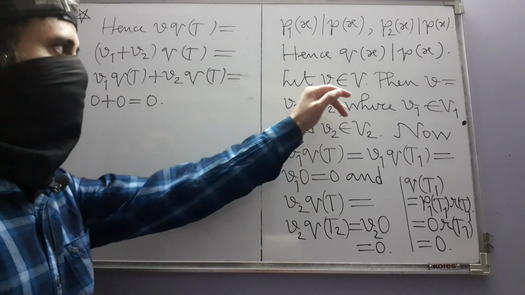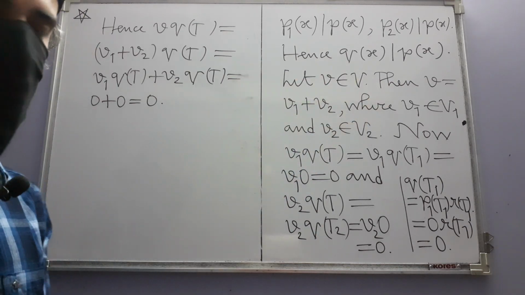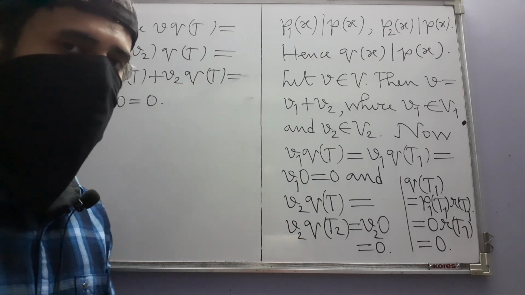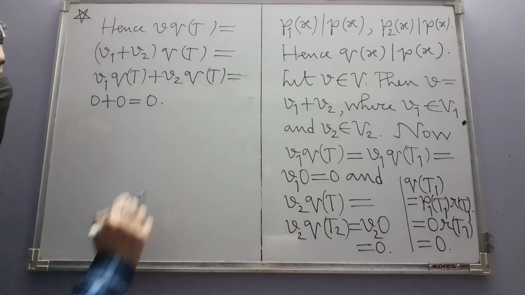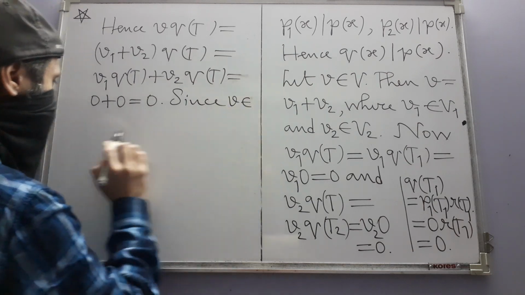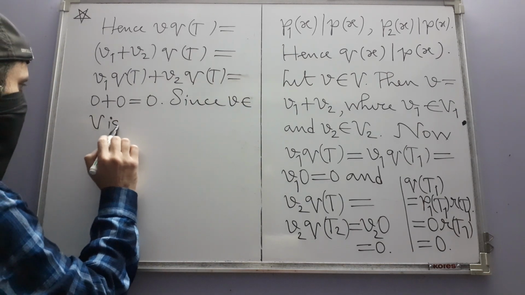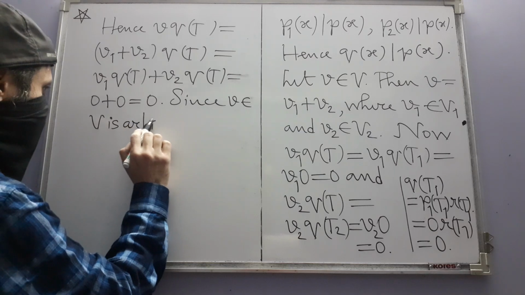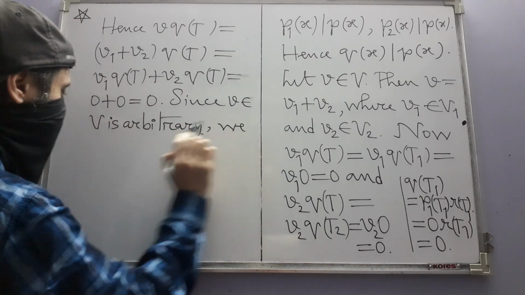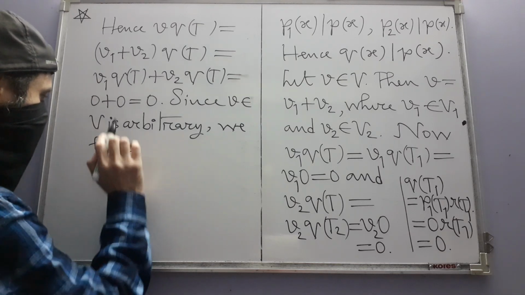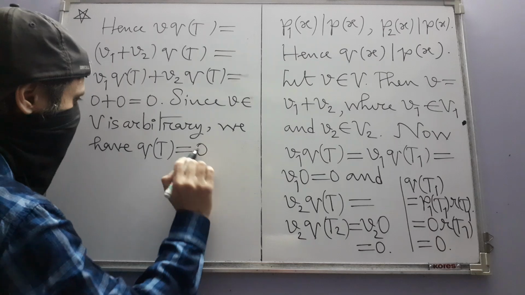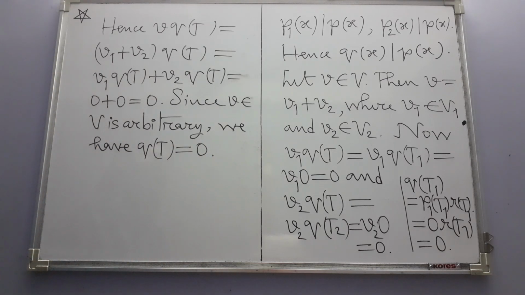But what was V? V was any vector in V. That means our operator Q of t is identically 0. It's the 0 operator. Since V belonging to V is arbitrary, we have Q of t equal to 0.